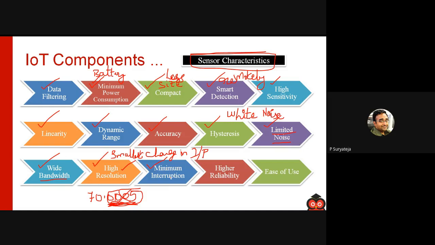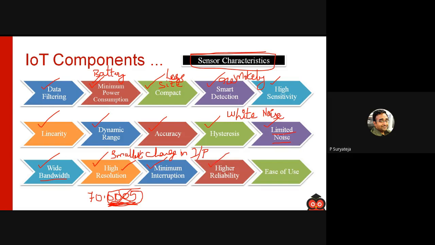That is the minimum interruption property. Even if there are difficult conditions outside, like heavy rain, fog, or snow falling, the sensor should still operate normally. That is minimum interruption.